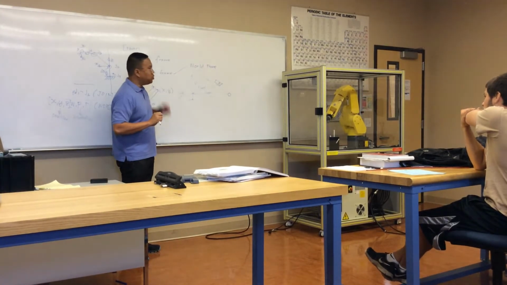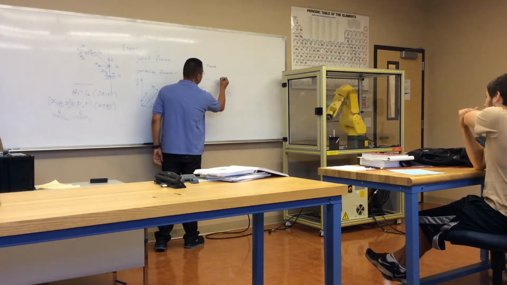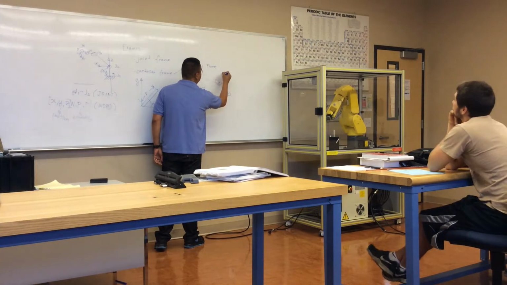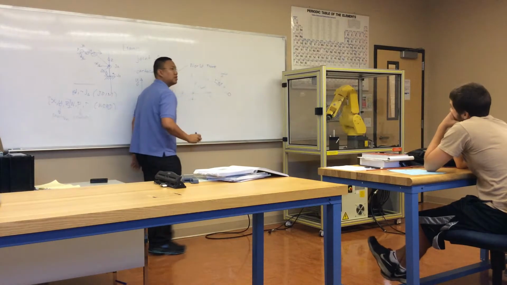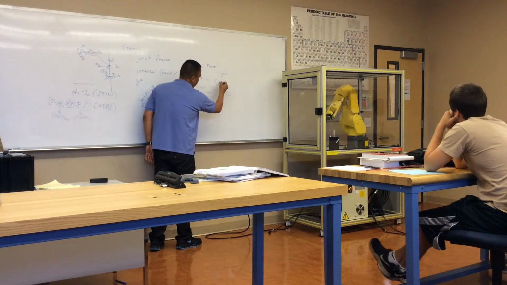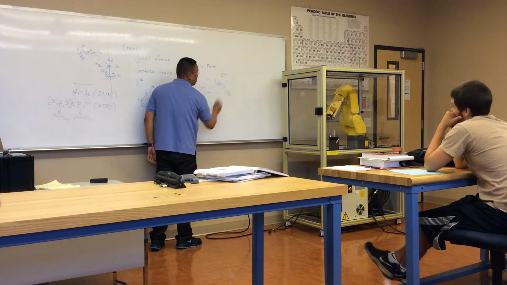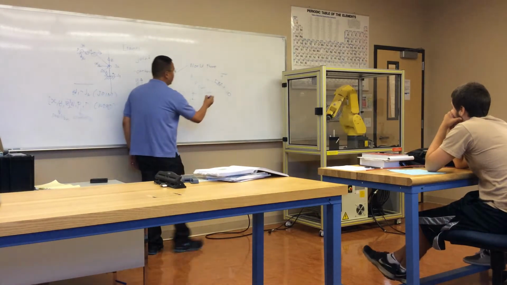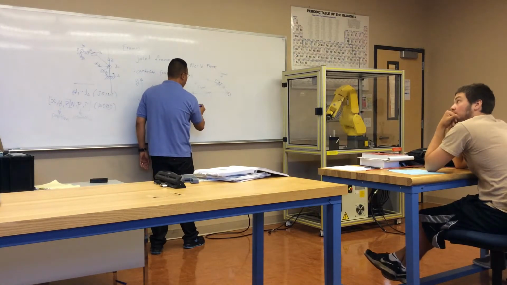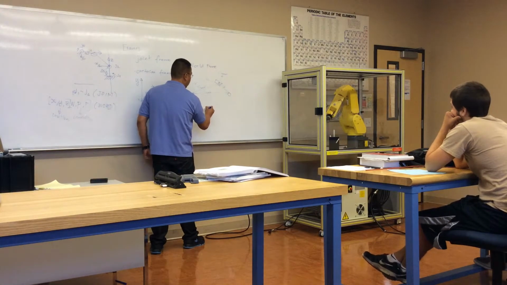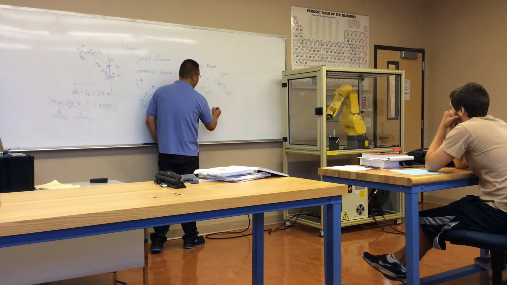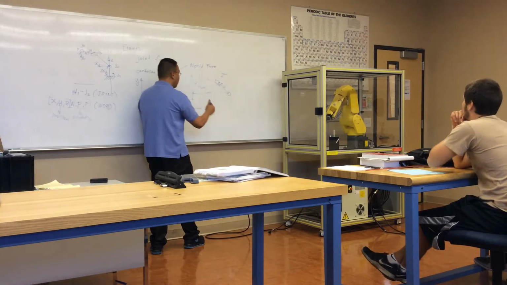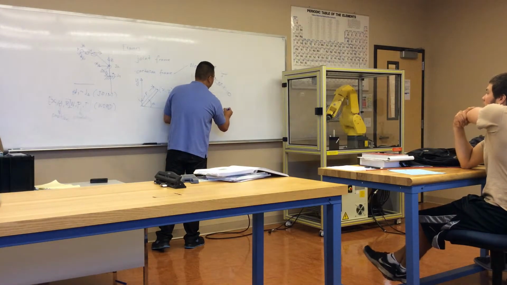So I put a new user frame here in my camera. I call that my camera frame. And I could now connect to the apple. So when I do my program, I will have R of the apple is equal to R hand, which I know wherever I move, plus the camera frame.